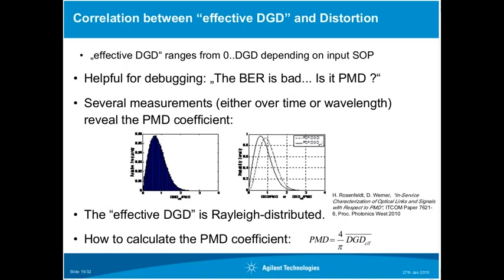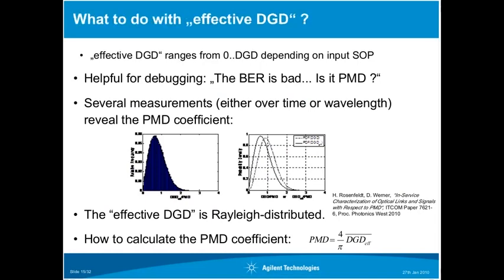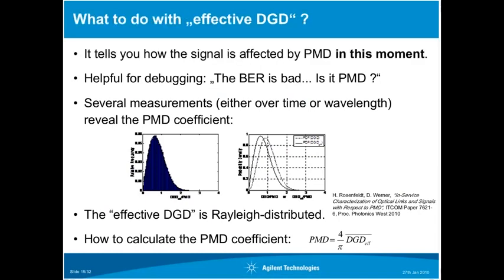So the remaining guess is always, oh, maybe it's PMD, but normally you can't measure this, and so it's normally an assumption. And using this kind of measurement, you can be either sure it's PMD or not. I mean, you just plug it in, and then you see the distortion level due to PMD, and then you can see either, okay, it's due to PMD or not, and if not due to PMD, you have to continue searching. So for debugging it is a quite powerful tool, we found out.